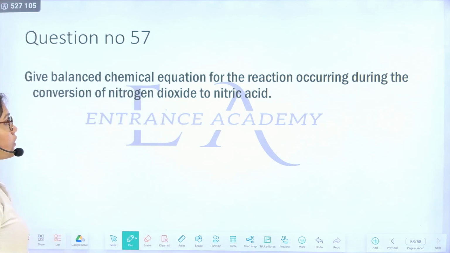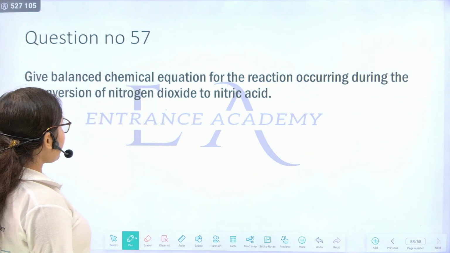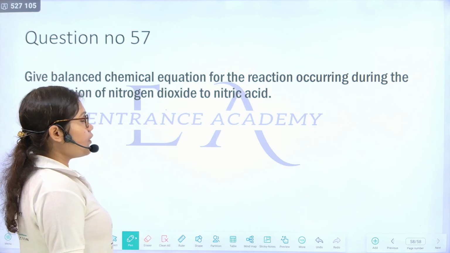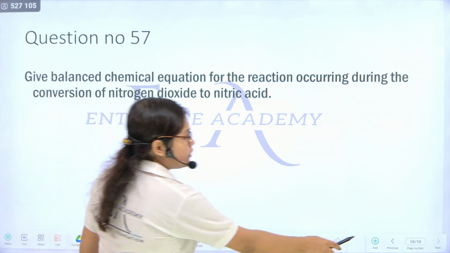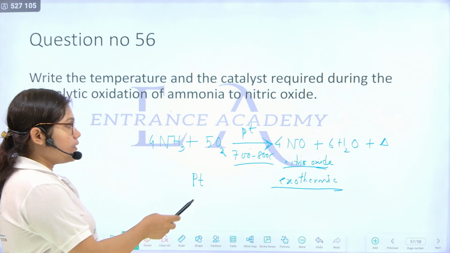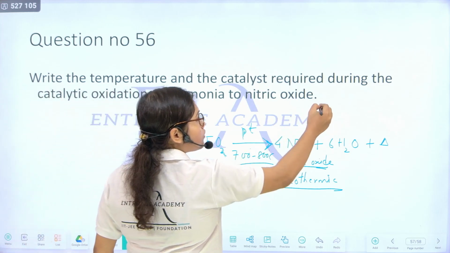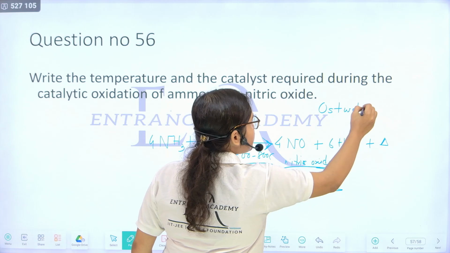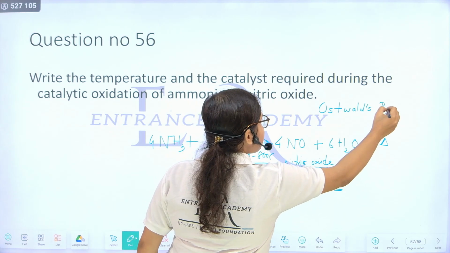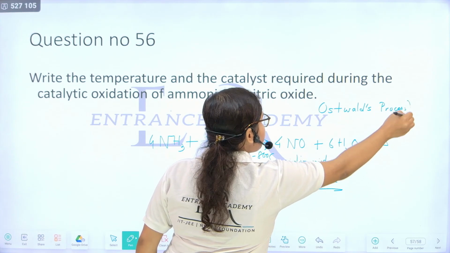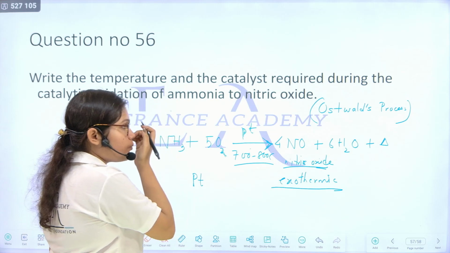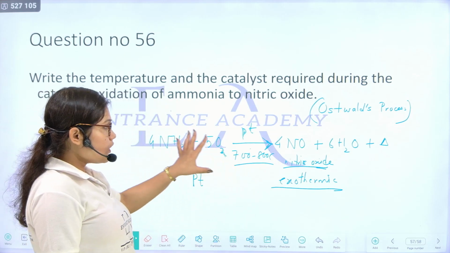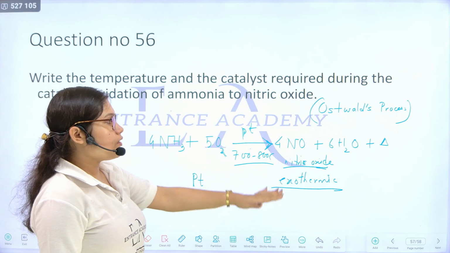Then this is the last question. Give the balanced chemical equation for the reaction occurring during conversion of nitrogen dioxide to nitric acid. This is the important Ostwald process, where we use 3 steps to get nitric acid.